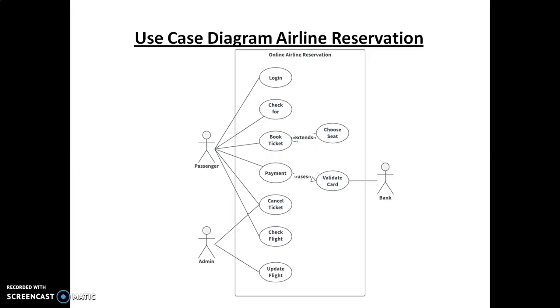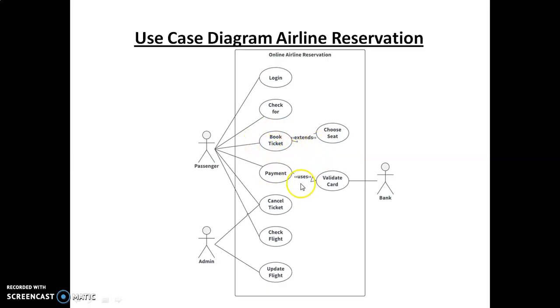While using extend, the extension point can be explicitly shown in the base use case, because the main one is the base use case. So whenever we try to book a ticket, it is shown by the extend relationship. That means it is directly connected to this base use case.